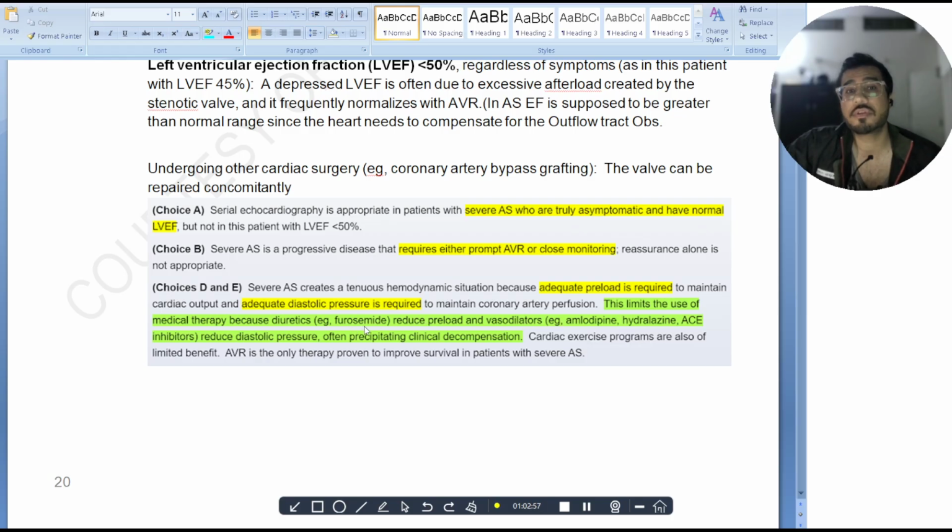And if you reduce the preload using diuretics, that's going to exacerbate the situation. And if you use vasodilators, they are going to reduce the diastolic pressure, amlodipine, hydralazine, or ACE inhibitors, and that can lead to clinical decompensation. If already the heart is barely keeping up and you reduce the diastolic blood pressure or you reduce the preload, it's going to decompensate. So you don't use these when it comes to AS.